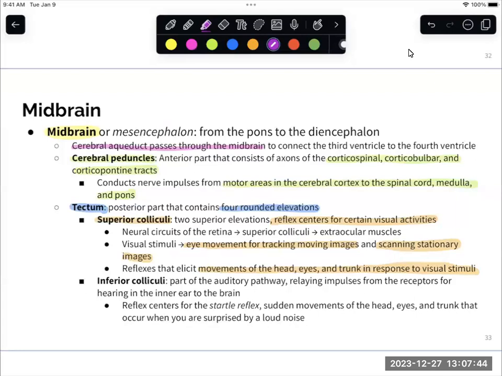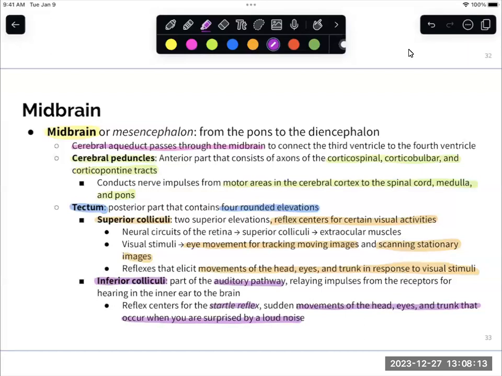We also have our inferior colliculus. Again, there are 2 of these, and it's part of that auditory pathway. So that startle reflex is coming from this inferior colliculi. Sudden movements of the head, eyes, and trunk from that loud noise.